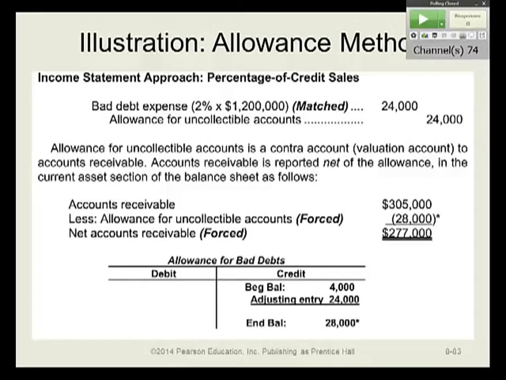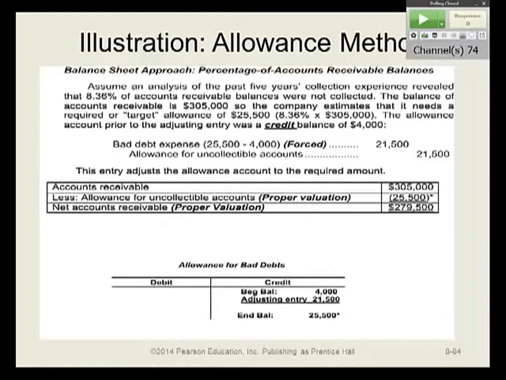Okay. I want to change from the percentage of sales method to the percentage of accounts receivable. So let's compare with that one. So let's go to the next. And in this case, I'm now going to assume that based on an analysis of 5-year collection history, you will have a collection rate, or bad debt rate, I should say, of 8.36% of your ending accounts receivable balance.